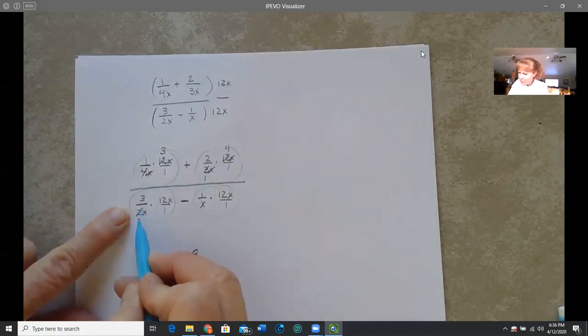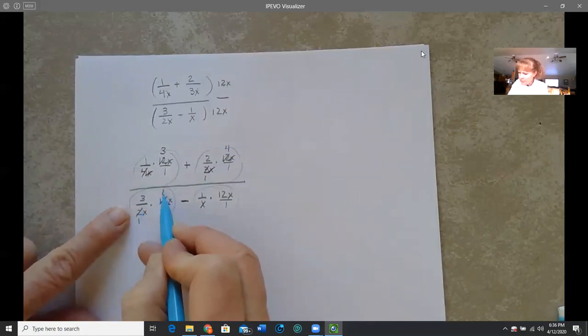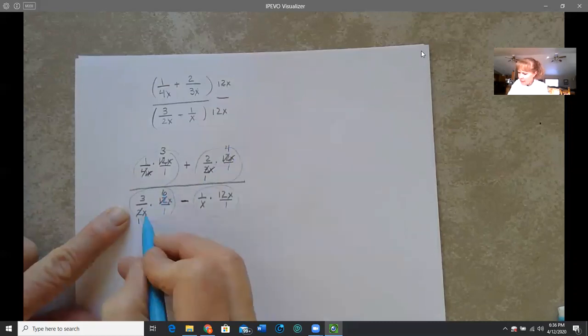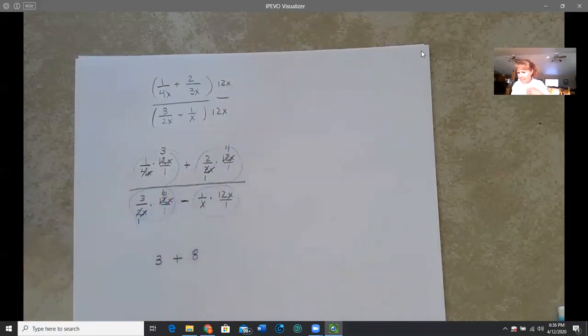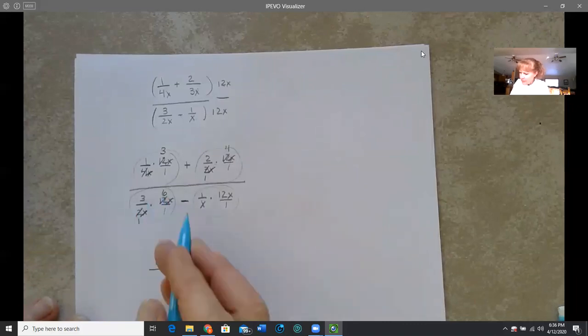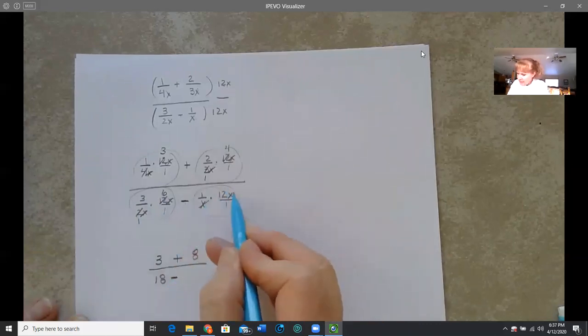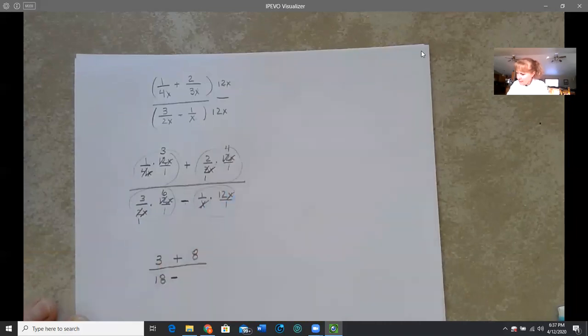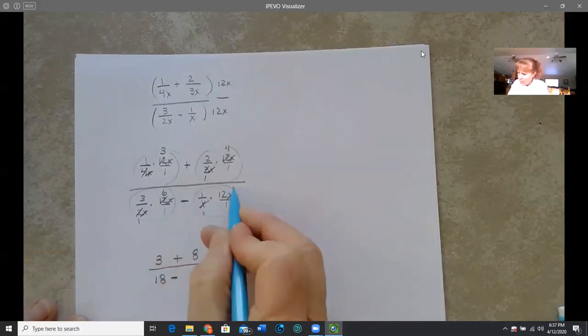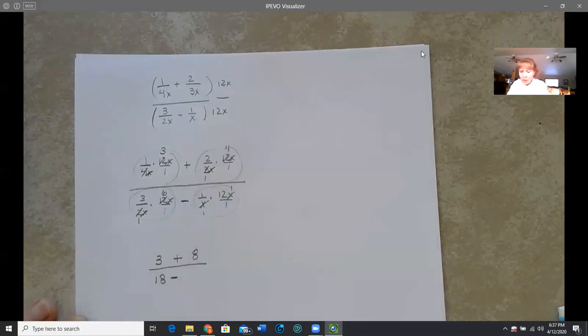We'll reduce, 2 goes into their 1s, 2 goes into their 6, and our x's just cancel. So in the denominator, we've got 3 times 6 is 18. Subtract. Our last fraction, the x's cancel, and we end up with 1 times 12.